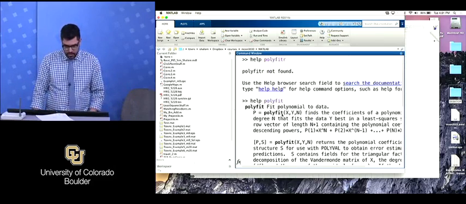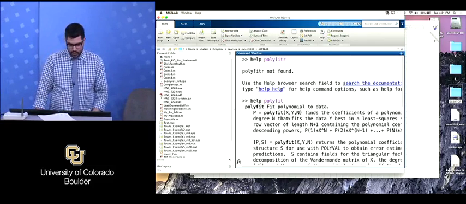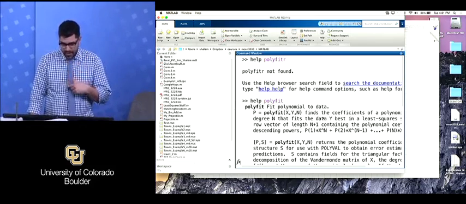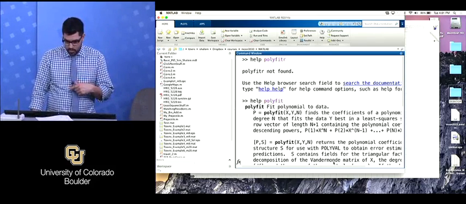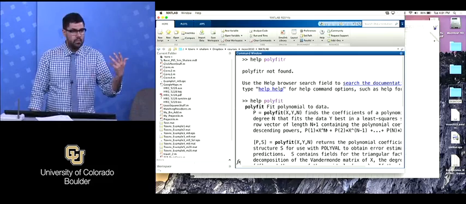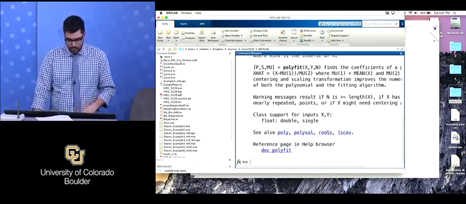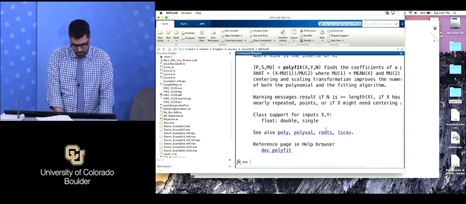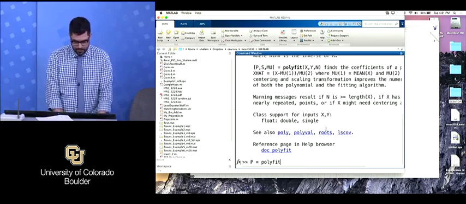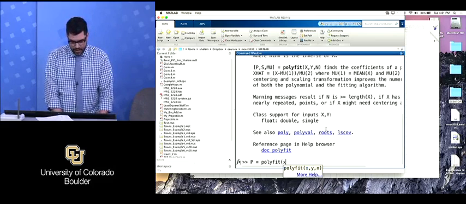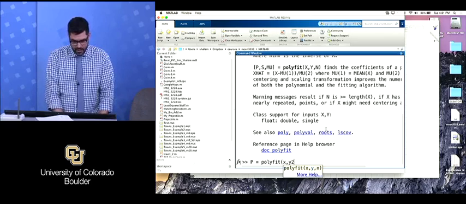It's going to give me my polynomial, and I give it the X data, the Y data, and then the order. In my case, I want order 1, a first order polynomial. So P equals polyfit, and I give it my X data, my Y data, and then 1.